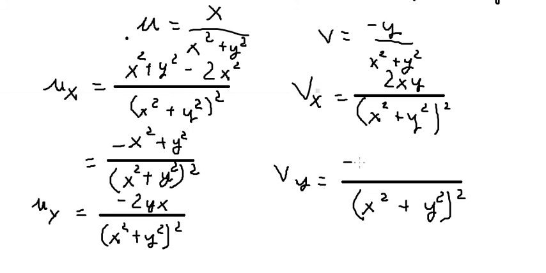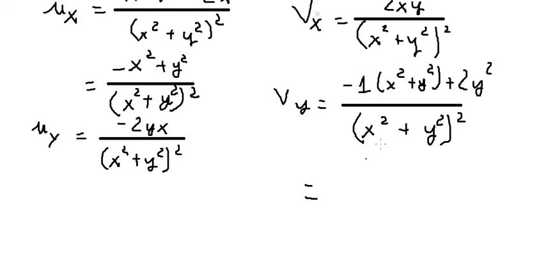You got negative 1 multiplied with x squared plus y squared, minus, because we have negative in here, you got positive 2y squared. So we simplify, you got y squared minus x squared over this one.